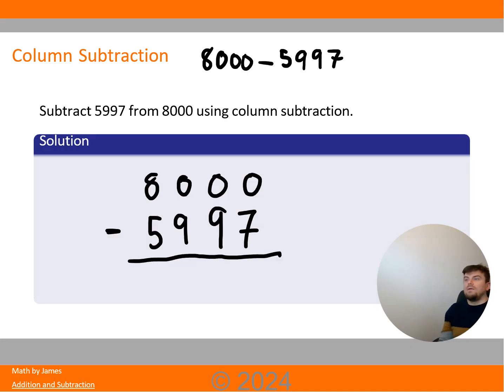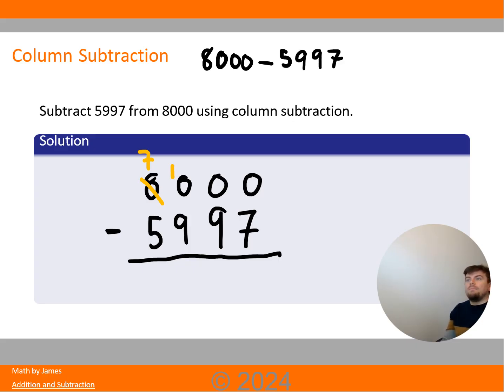So here's the thing. We notice we don't have any tens here, so we don't have any hundreds. So we have to borrow from the thousands. So we make this 7, then this becomes 10. But here's the thing.